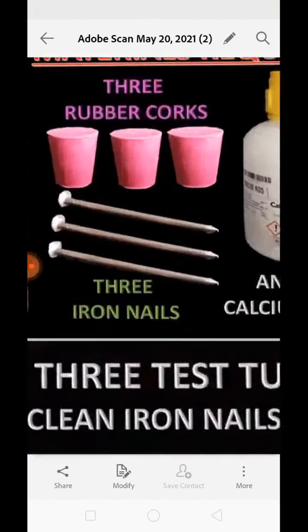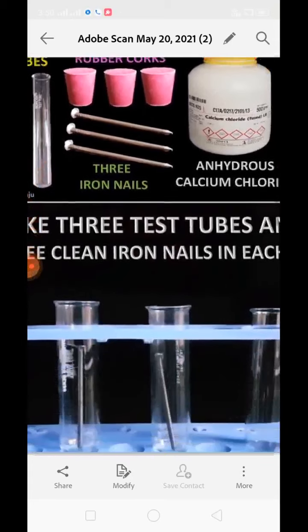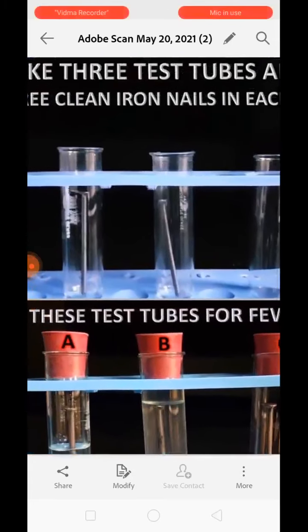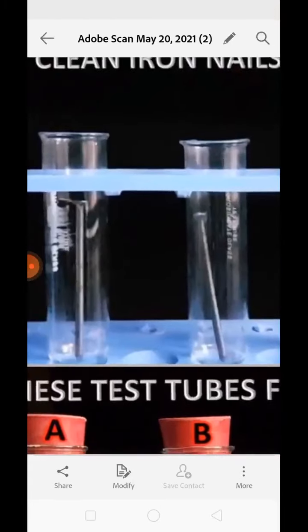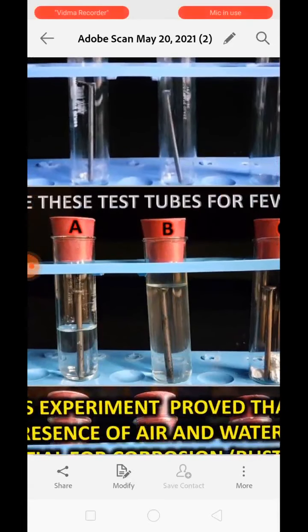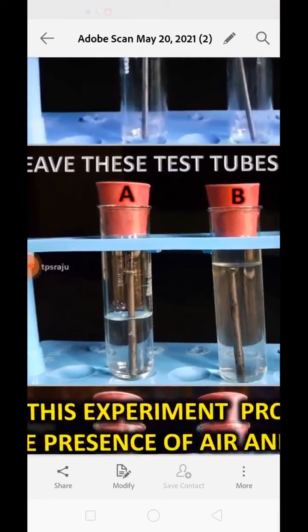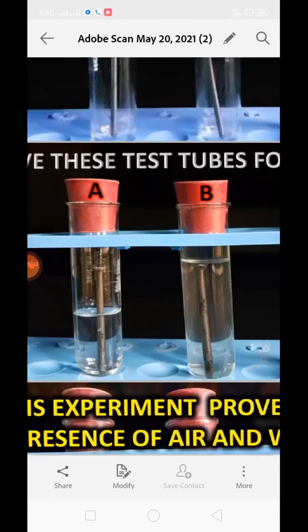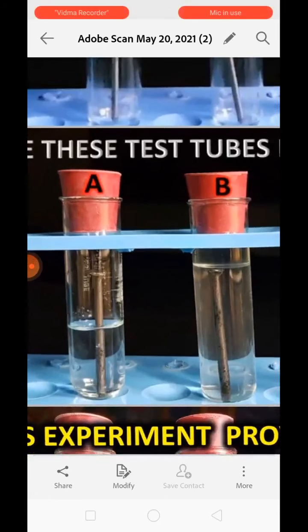Now these shiny iron nails are placed inside the test tubes like this. Then we will add some substances to these test tubes. First of all, in the first test tube, we are going to add normal tap water which we get from our house.